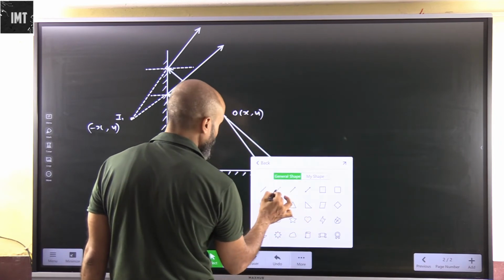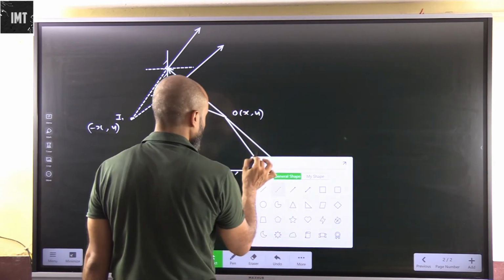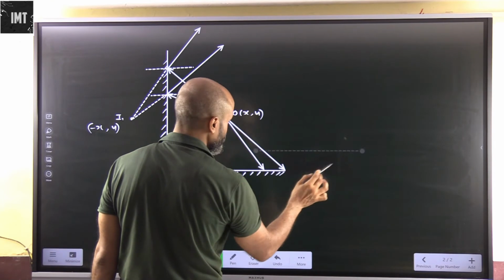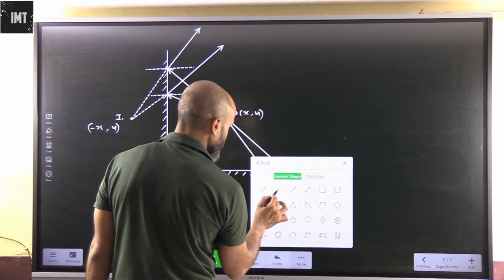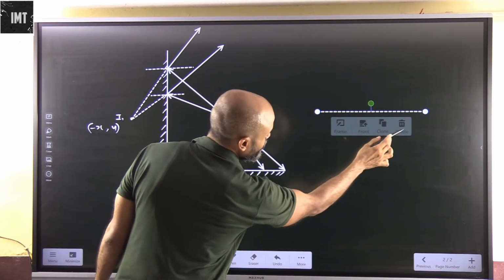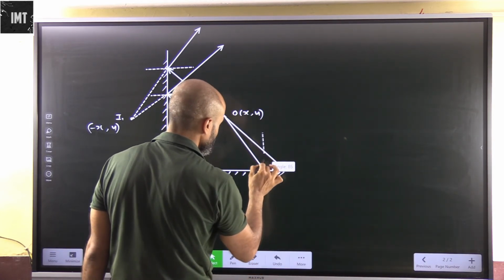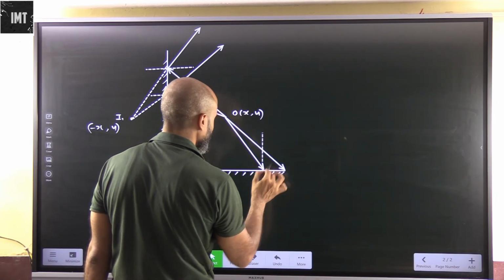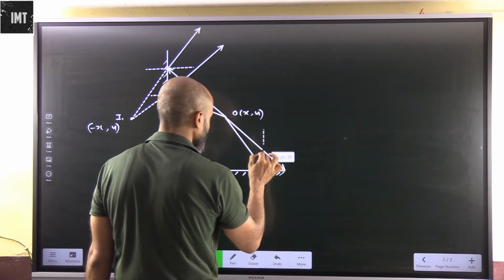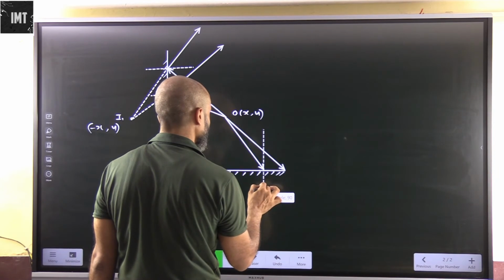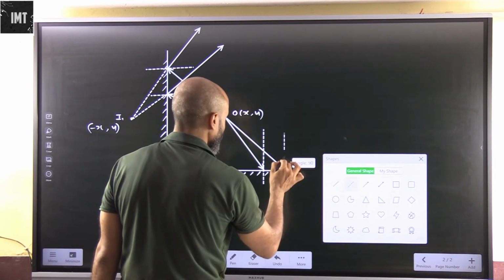If I happen to draw normals here, let's say I've drawn a normal here, and, why did I delete it? So if I draw a normal here like this, and I draw a normal here like this.